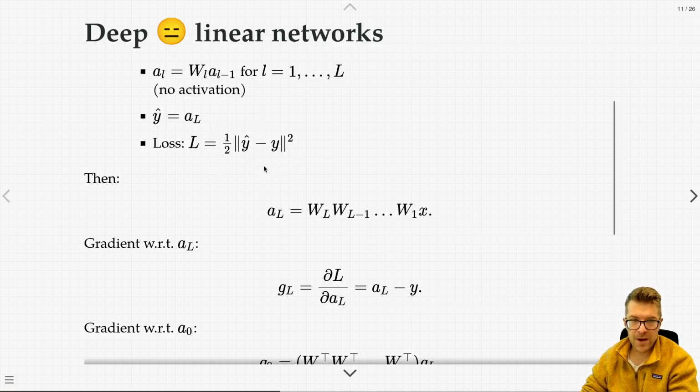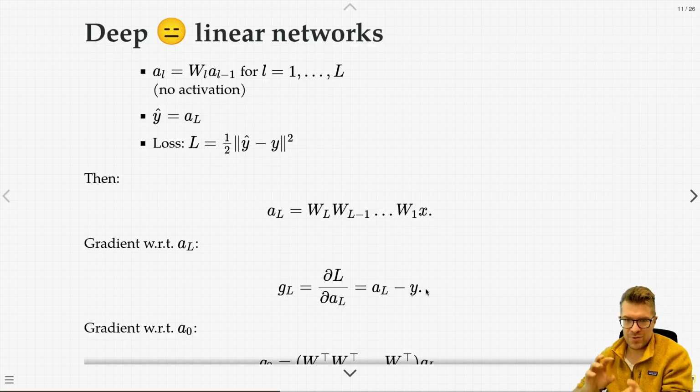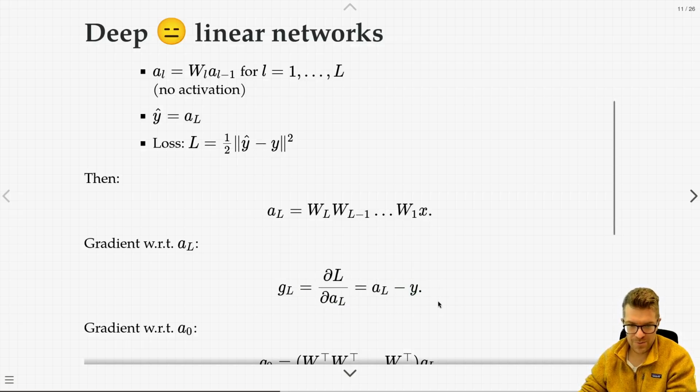The derivative of this loss function with regards to a sub L: the variable I care about is inside this little piece, so I can take down the 2, which is hidden in the norm, and multiply it by everything. 2 times 1/2 cancels out, and I'm left with y hat minus y, or a sub L minus y. And now I have to keep on doing my differential. What is the differential of a sub L minus y with regards to a sub L? That's just going to be 1.